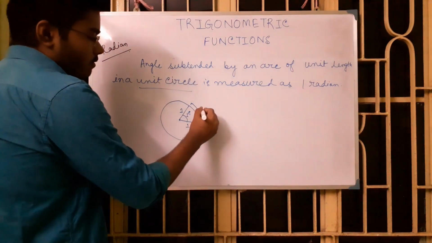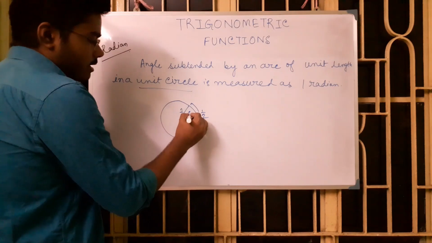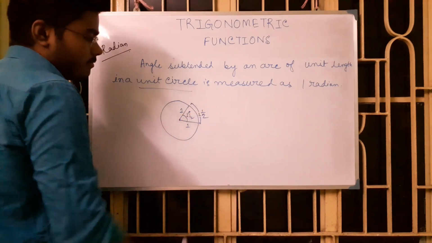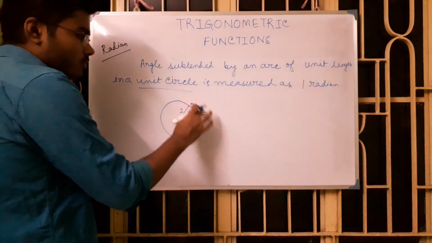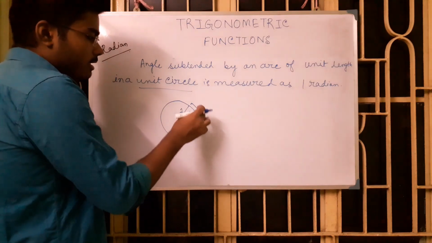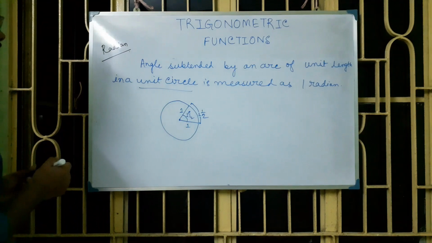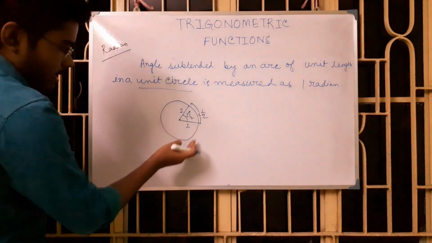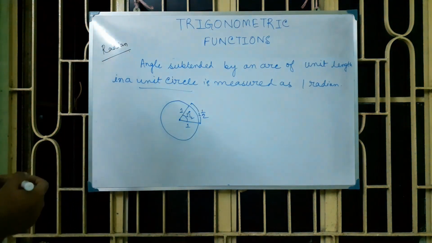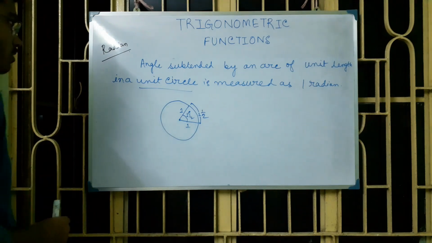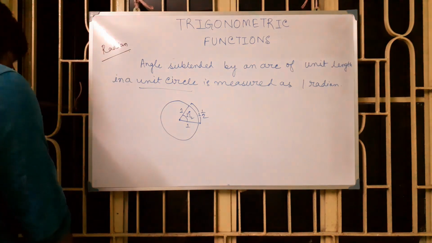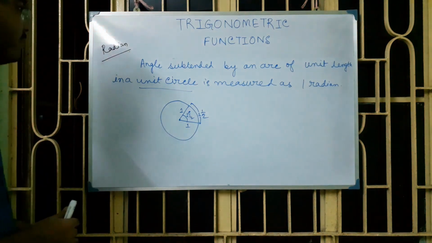If we move 1.5, then this is 1.5 radian. If we move 2 units, then this is 2 radian. 3 units, 3 radian, like this. And if we move along this way, then this is negative. So in this way we measure the radian.